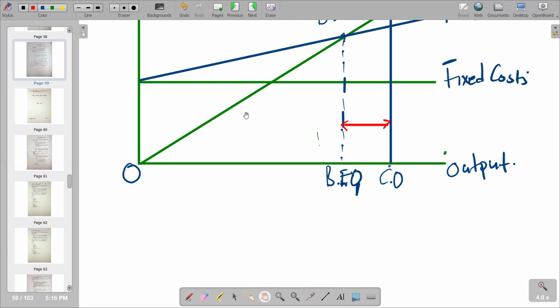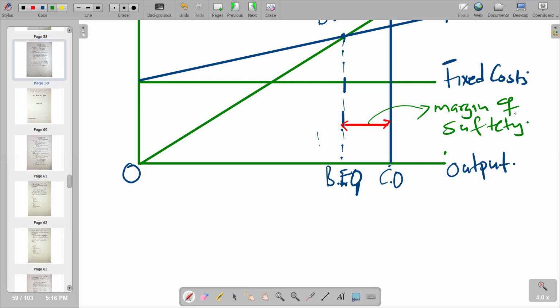So basically, we are saying this is going to be your margin of safety. So what does the margin of safety entail? It's also important for us to understand what the margin of safety says. The margin of safety is calculated by saying current sales minus the break-even value.